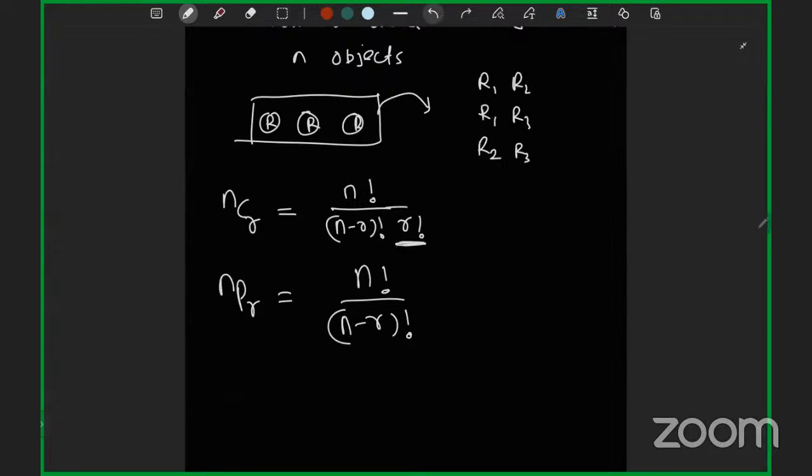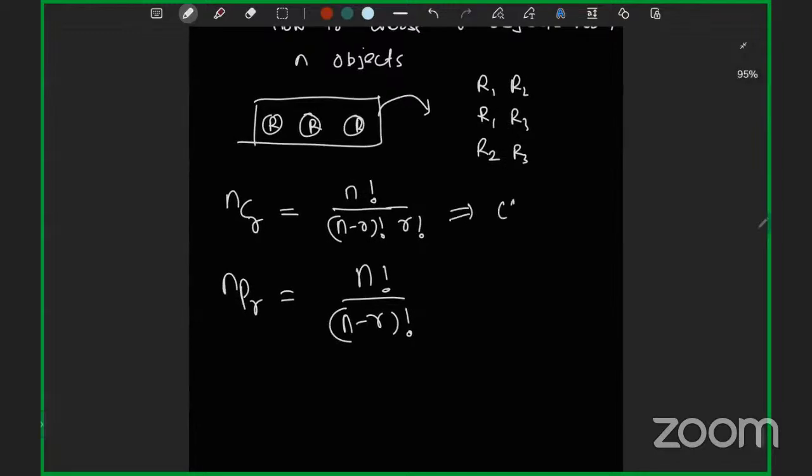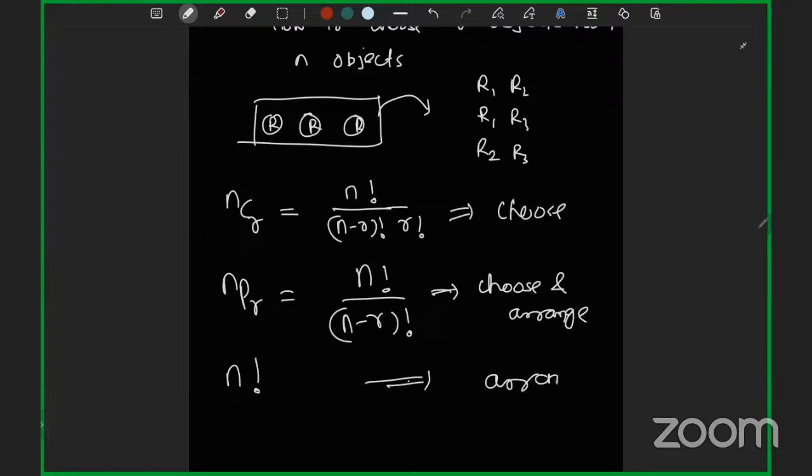Okay, so this is choose, this is arrange, and then there was factorial. N factorial, which is arrange.